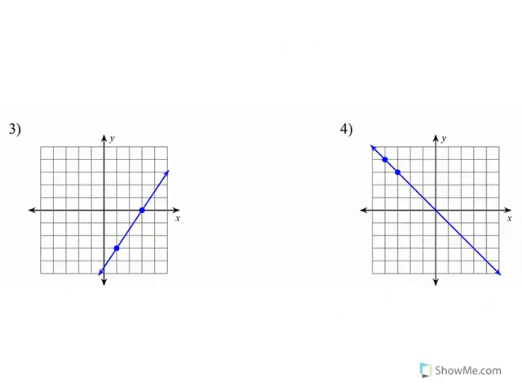Okay, now we're going to do a couple more, but let's rewrite our cheat sheet. So slope is m, which is rise over run, which is the same thing as the change in y over the change in x.